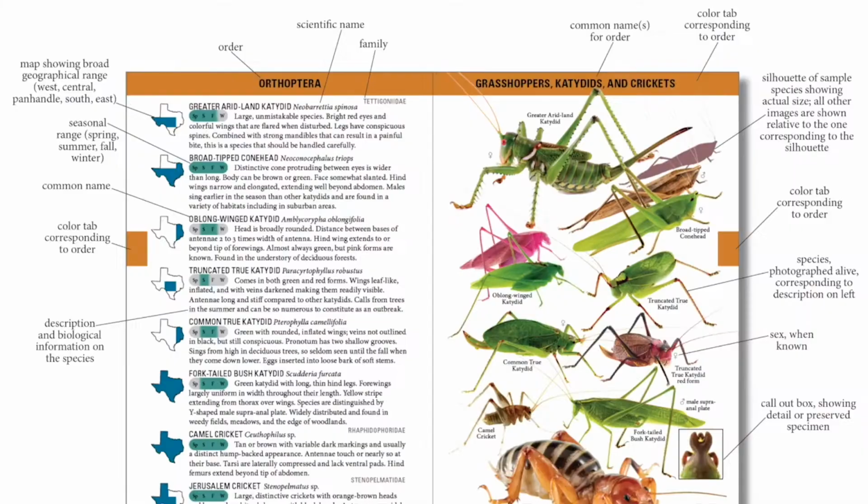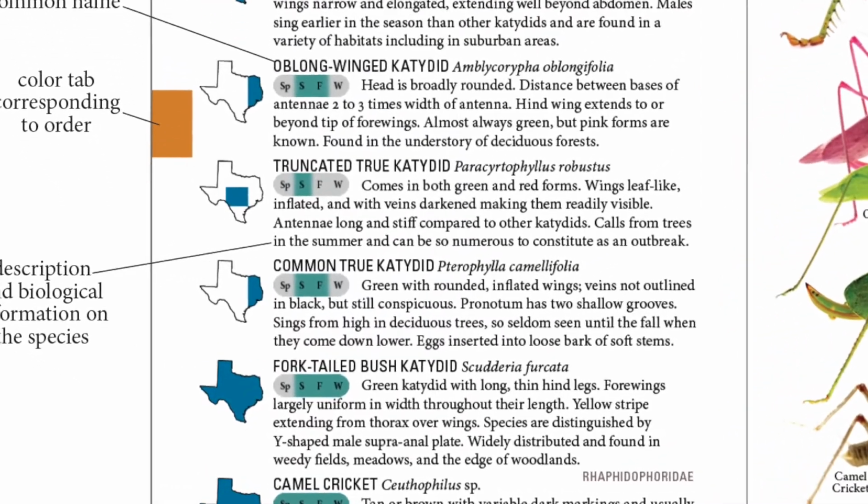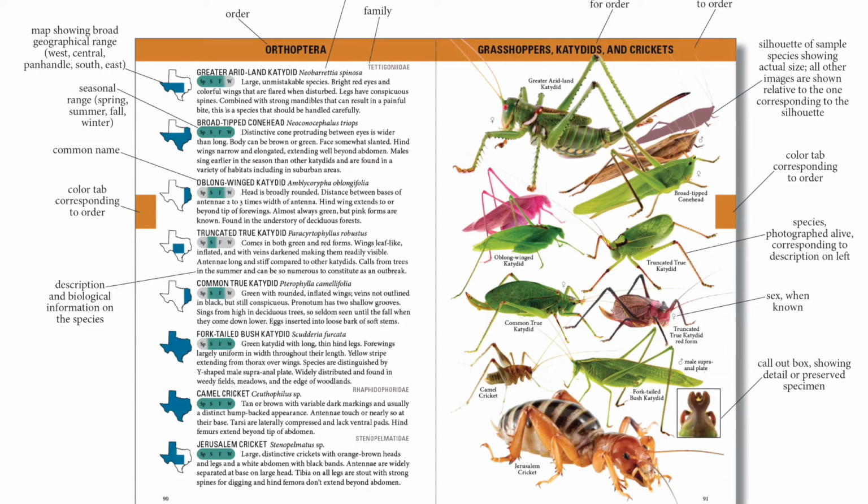So for each spread, we included a range. This is not an exact range, but rather an approximation based on regions in the state. So Panhandle, East, Central, West, Lower Rio Grande Valley, that kind of thing. And that's just because a lot of times the exact range of a species is just not known.